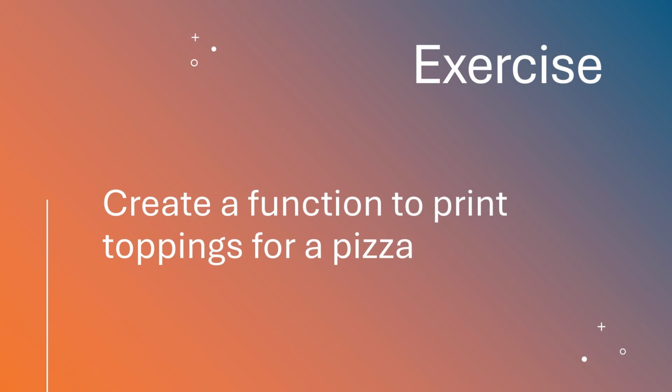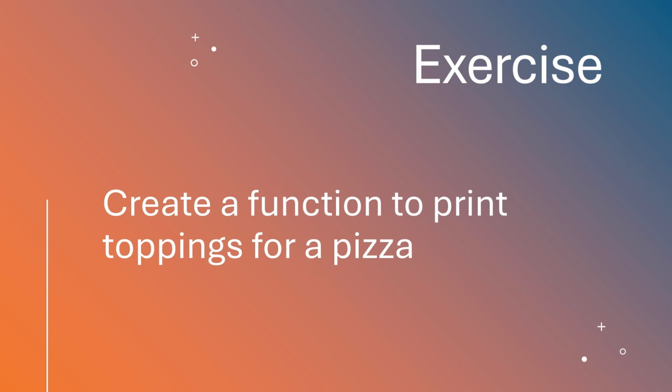Exercise, we're just going to create a function and print out toppings for a pizza. So this seems quite overwhelming, but we're just going to get a variable that takes the inputs of toppings and then create a function that outputs or prints that topping.